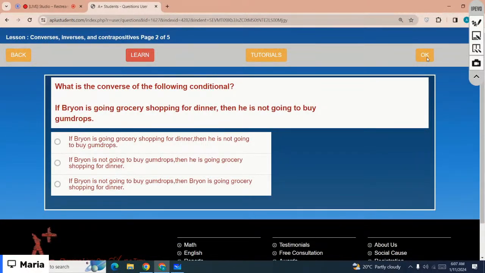What is the converse of the following conditional? If Brian is going grocery shopping for dinner, then he is not going to buy gumdrops, right? You have to write down the converse of the conditional.